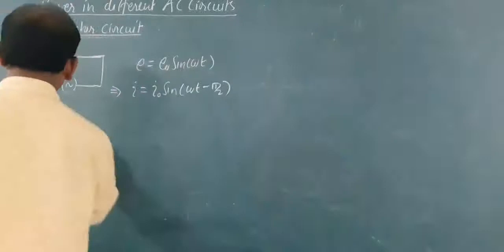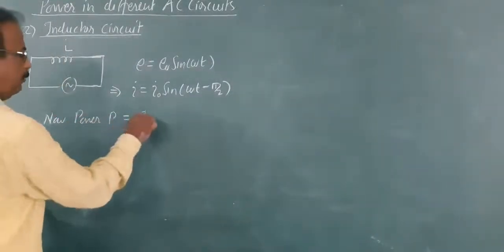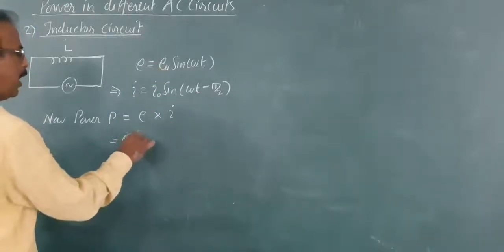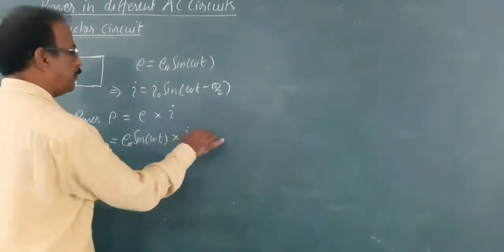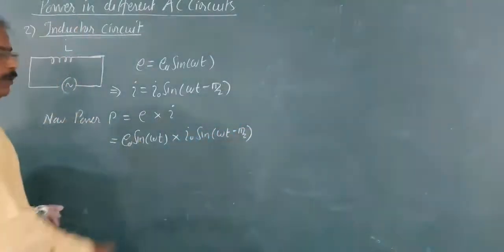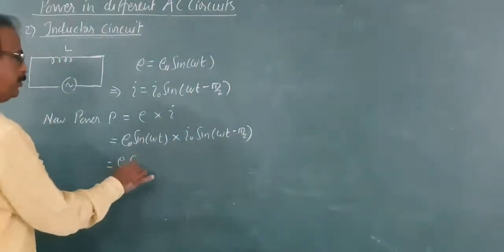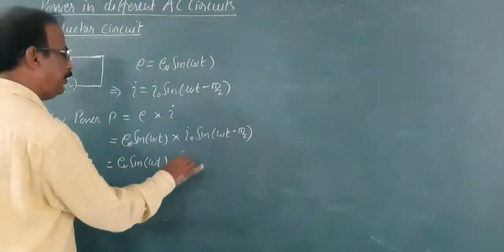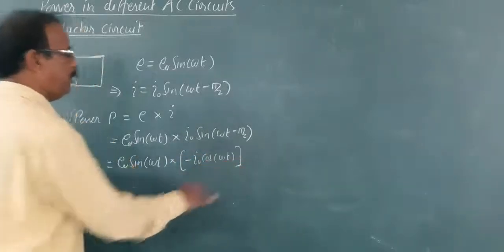Now, in an electric circuit, power P is given by the multiplication of EMF and current. Instantaneous values are E0 sine of omega t into I0 sine of omega t minus pi by 2. Sine of omega t minus pi by 2 comes out as minus cos omega t.